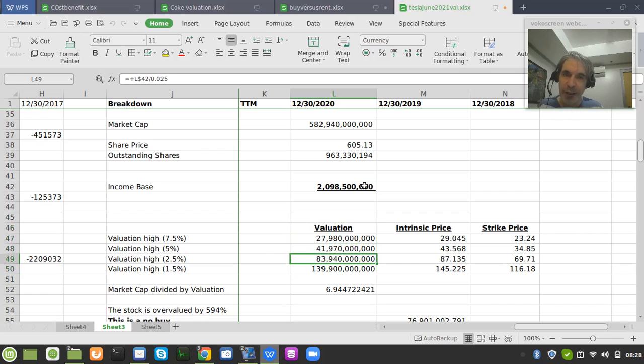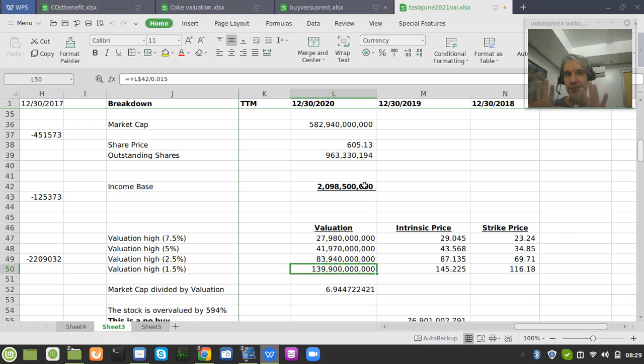So in this case, you can see that multiplying that amount by 40 is going to give you 84 billion, and that's the valuation that you would come up with using 2.5%. But in this case, you could be justified even going to 1.5%. So let's say we're going to use 1.5%. Now remember, these are all judgment calls. So it's a formula based on two really big judgment calls.